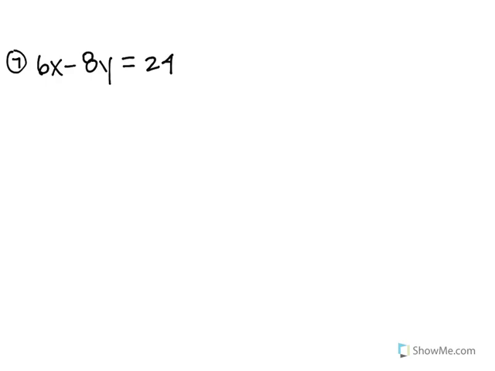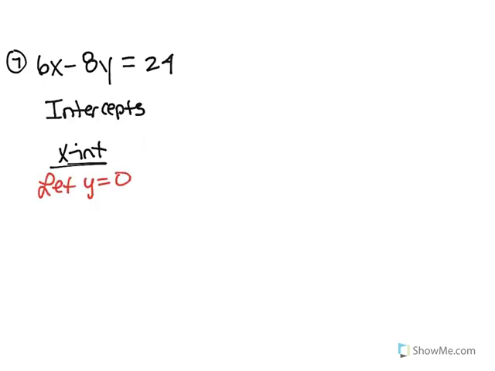So when you're looking for intercepts, when I'm looking for X, I have to let Y equal 0. You have to replace one of the variables with 0 because you can only solve an equation with one variable in it. So if I let my Y be 0, technically the Y is gone. Okay, that's what that means.